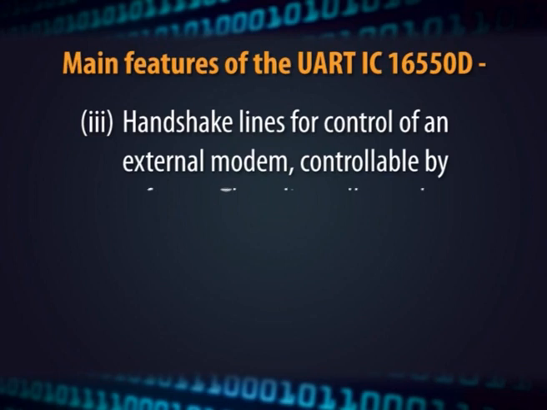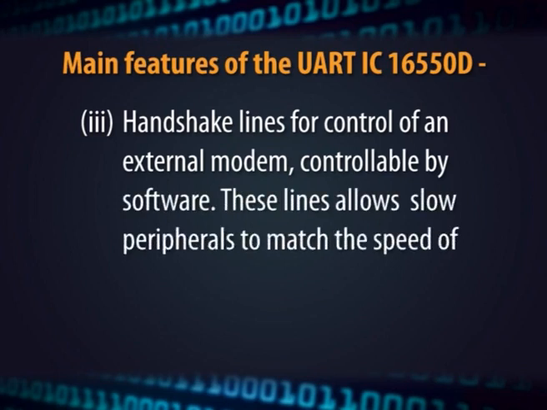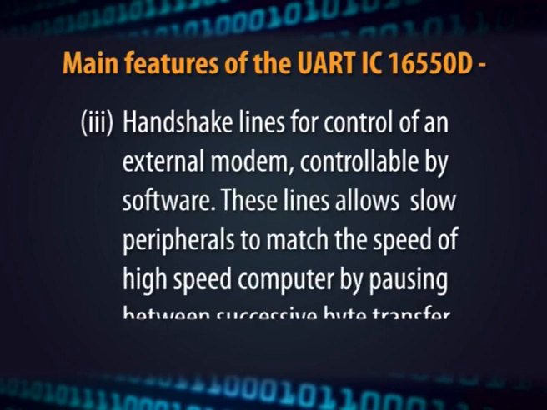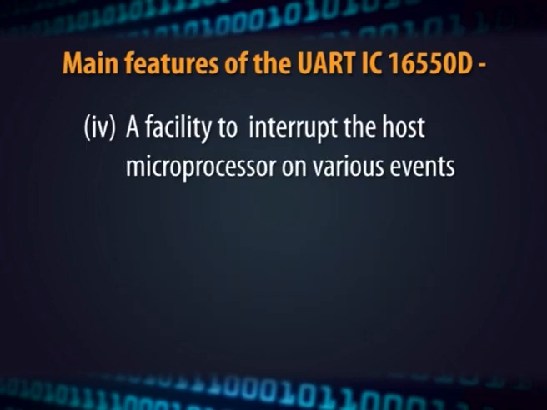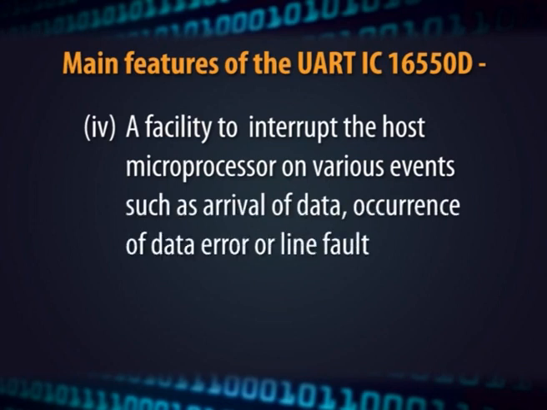Handshake lines for control of an external modem, controllable by software. These lines allow slow peripherals to match the speed of a high-speed computer by pausing between successive byte transfers. 4. A facility to interrupt the host microprocessor on various events such as arrival of data, occurrence of a data error or line fault.